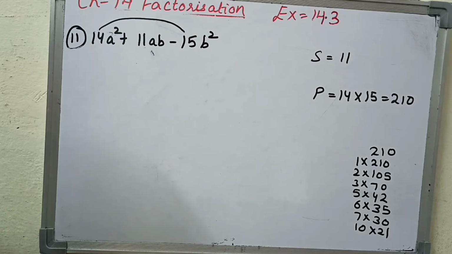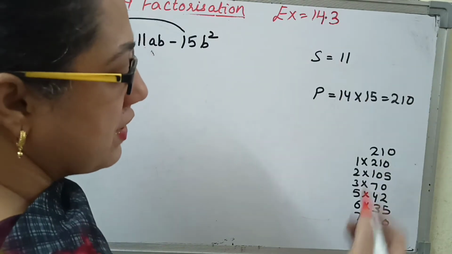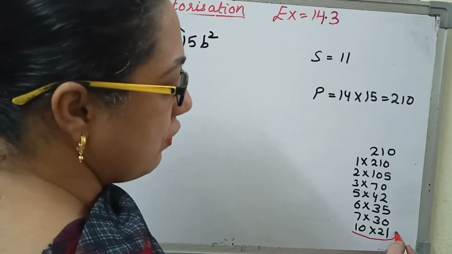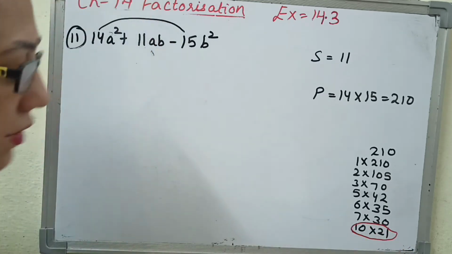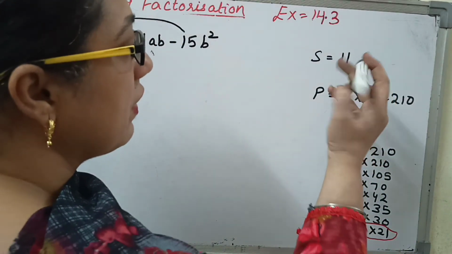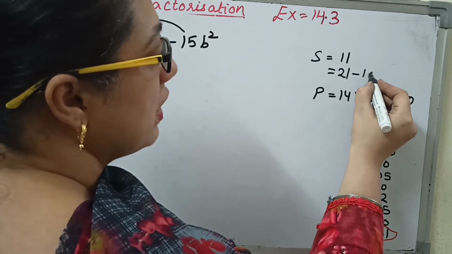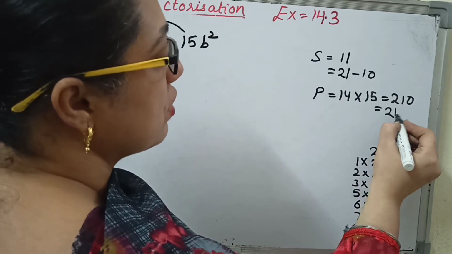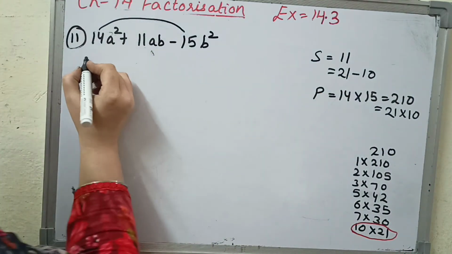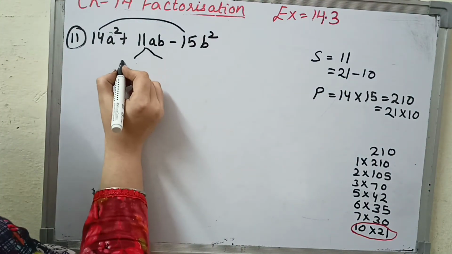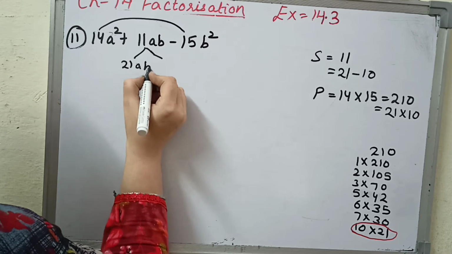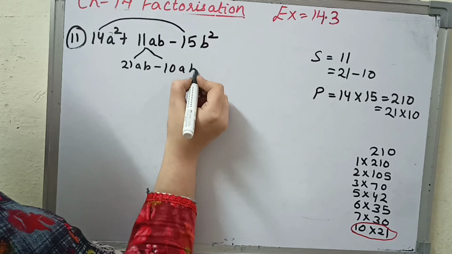Out of these factors we choose only that pair which gives us 11. The last pair is 21 and 10. When I subtract 10 from 21, I get 11. So I write 11 as 21 minus 10, and it is also 21 into 10. So 11ab is 21ab minus 10ab.